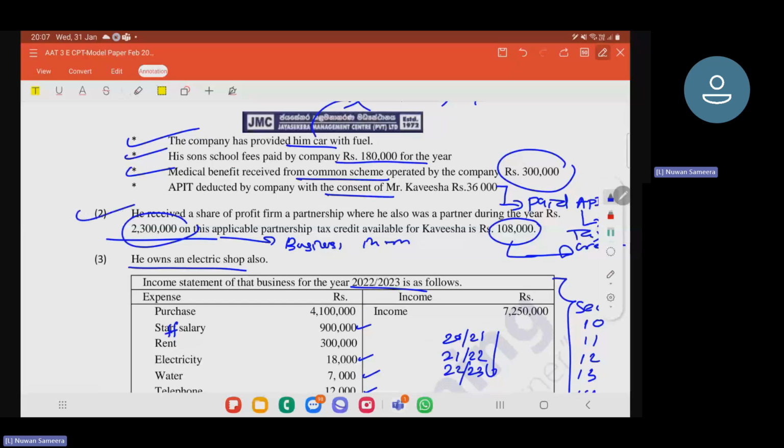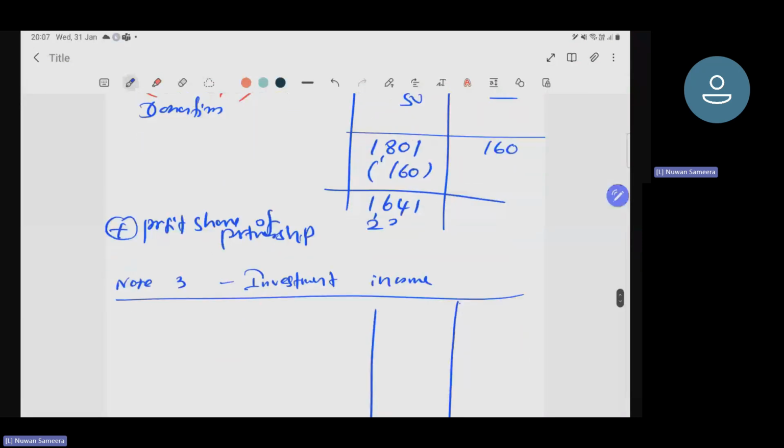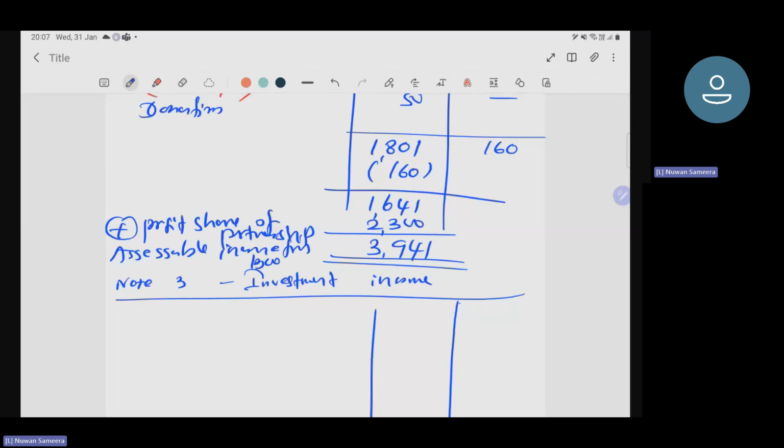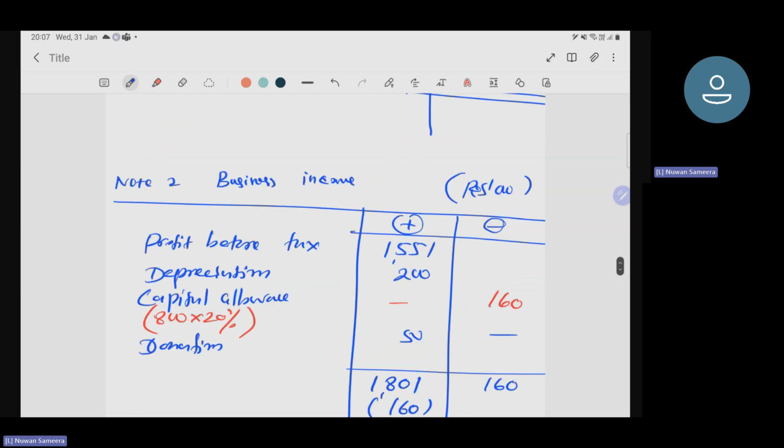That's why 2.3 million, 2,300. So altogether you have to take. Then here you can see 3,941. So the total income we call what? Assessable income from business. The total assessable income from the business is 3,941.